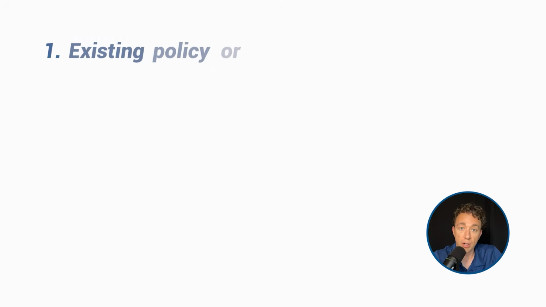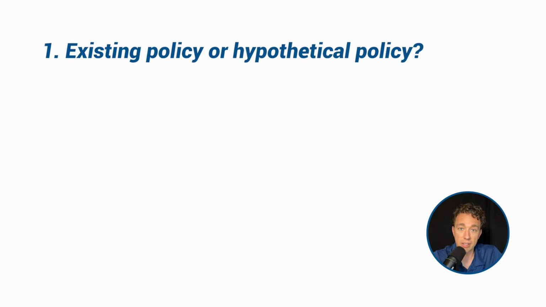So if you're asking yourself, should I be using less structure or more structure? Here's a checklist that you can ask yourself that will give you some guidance about which method should be used. So first is, are you analyzing an existing policy or a hypothetical policy? That's the first decision tree node.